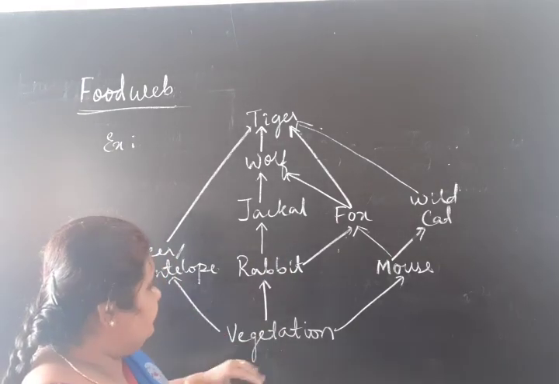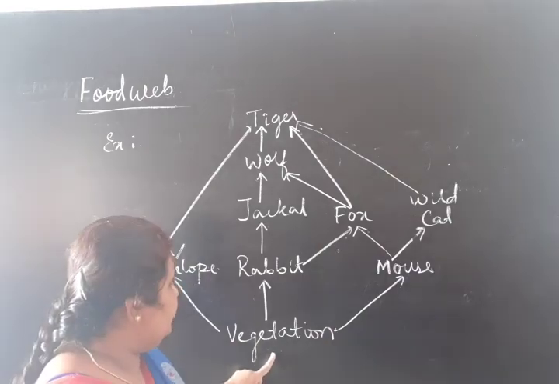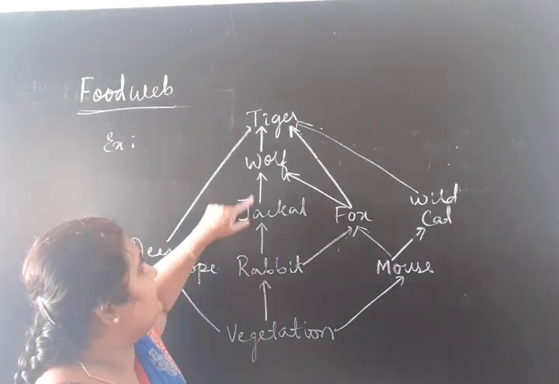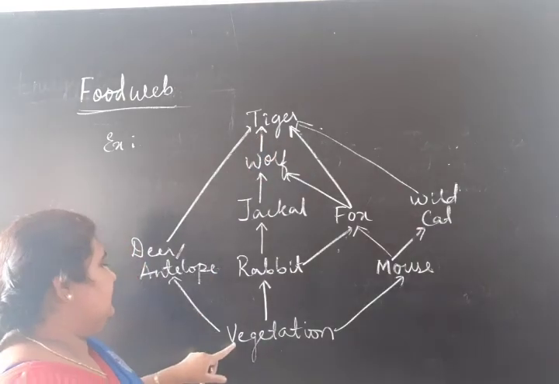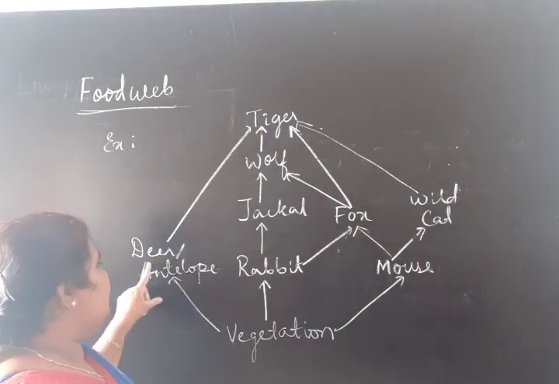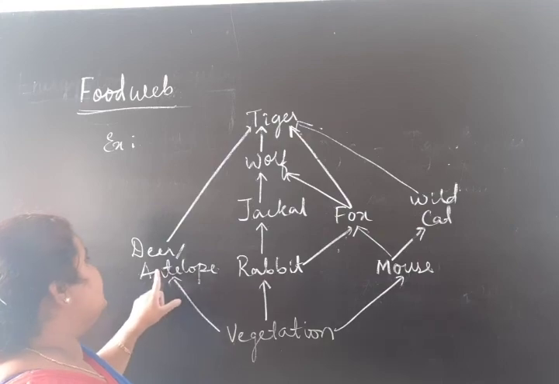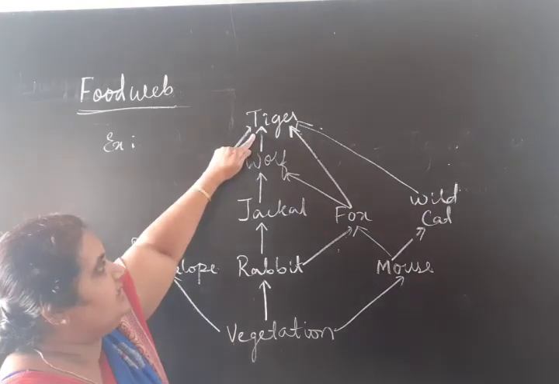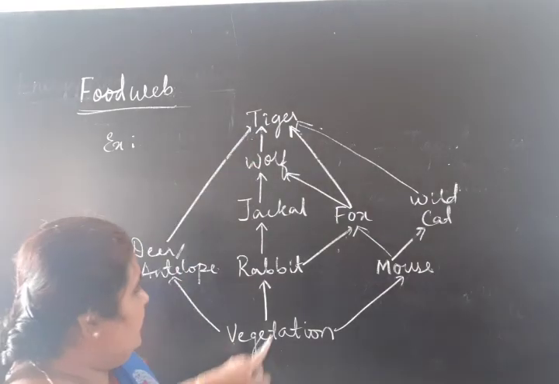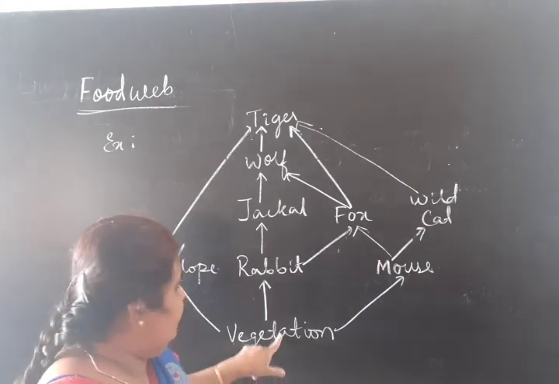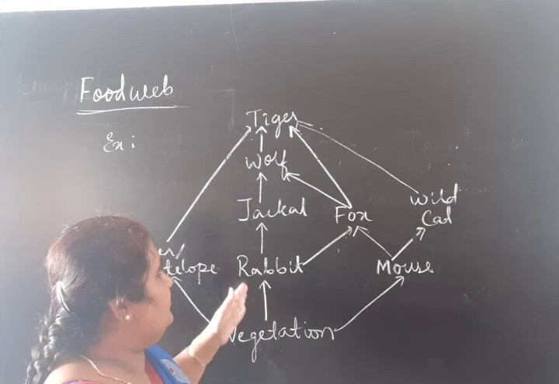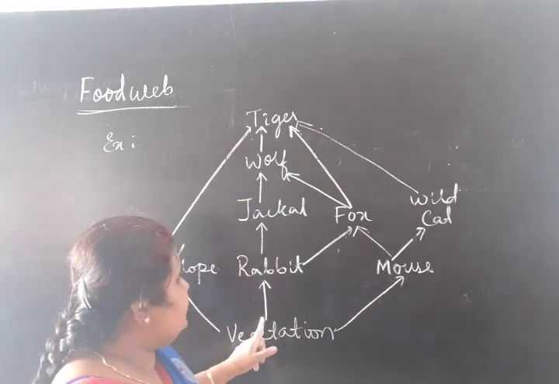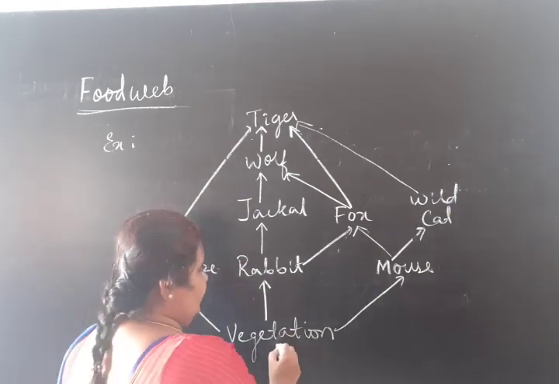See, first: vegetation, rabbit, jackal, wolf, tiger. This is one. Another: vegetation, deer or antelope, which is eaten by the tiger. Vegetation, rabbit is also found in this food chain, connected to the next food chain.